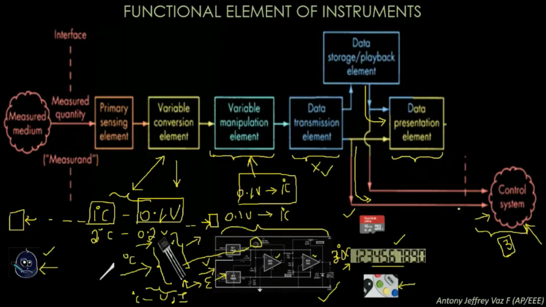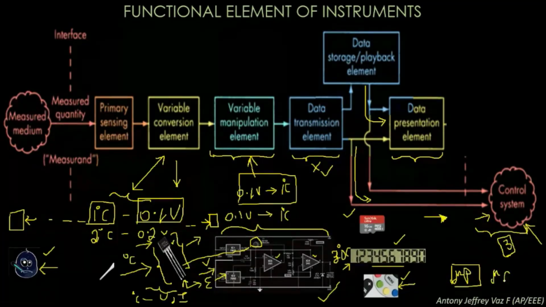It also helps to turn on and turn off the device. So this is the control system. Here the control system is represented with the help of buttons, but in real cases you will be having embedded microsystems, that is the embedded microprocessors or microcontrollers present in the control systems.